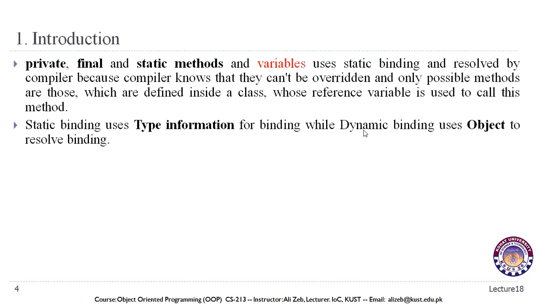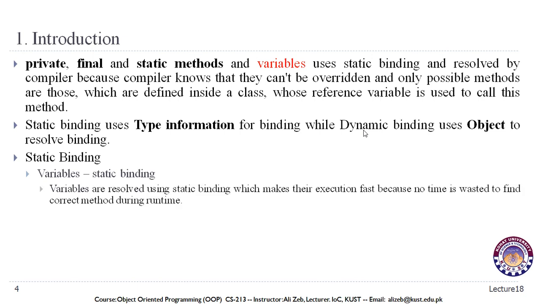Static binding uses type information for binding, while dynamic binding uses the object to resolve binding. Variables, for example, use static binding. Variables are resolved using static binding, which makes their execution fast because no time is wasted finding the correct method during runtime.